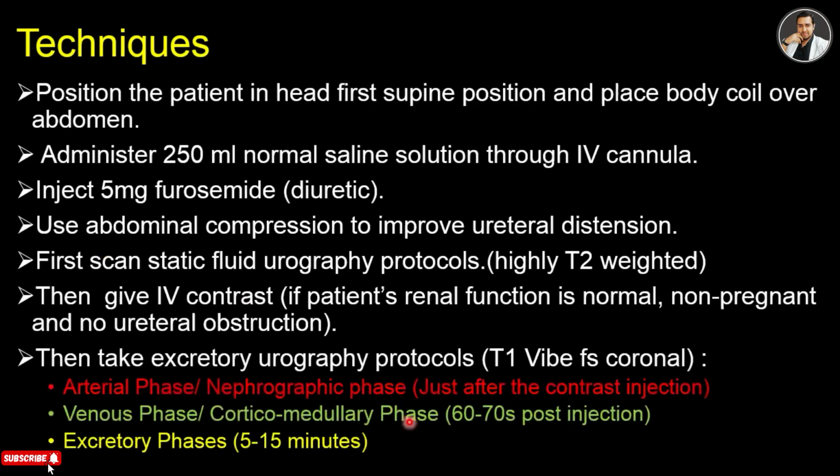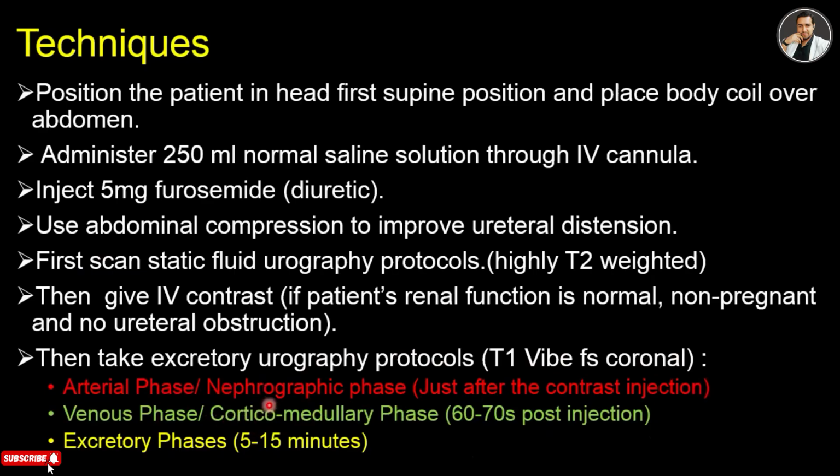Keep this in mind, and then take the excretory urography protocol, a T1 Vibe coronal that will give you a urogram image in 3D, and then take the arterial phase just after the contrast injection, or it may be a corticomedullary phase and venous phase.